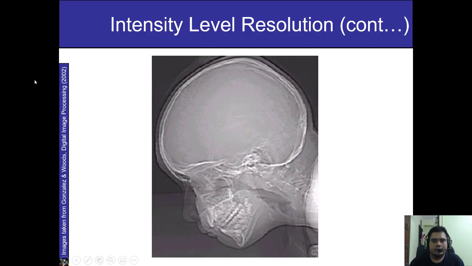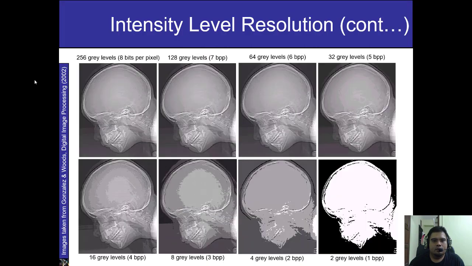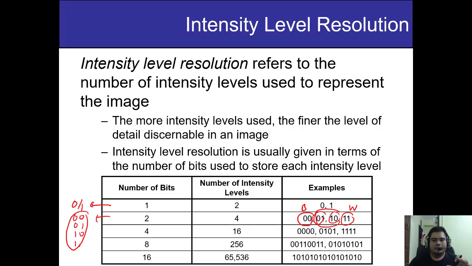This one is just showing the intensity level resolution of 8 bit and below. This one is 8 bit per pixel, this one is 7 bits per pixel, this one is 6 bit, this one is 5 bit. You can see that by reducing the bits, you are reducing the possible numbers, the levels, the possible colors you can have.